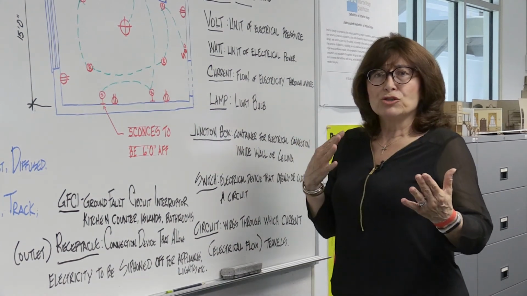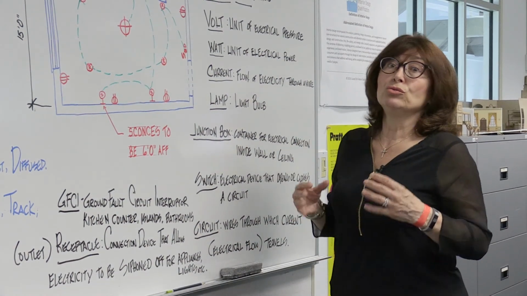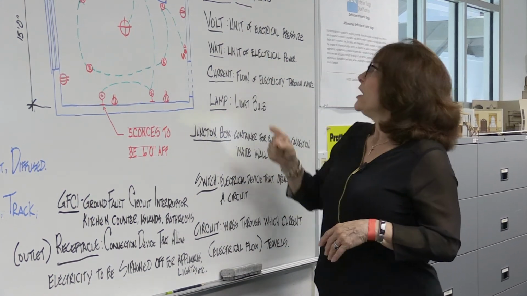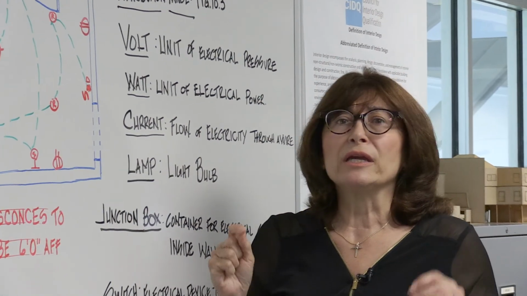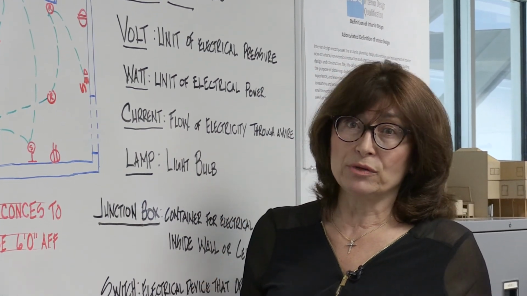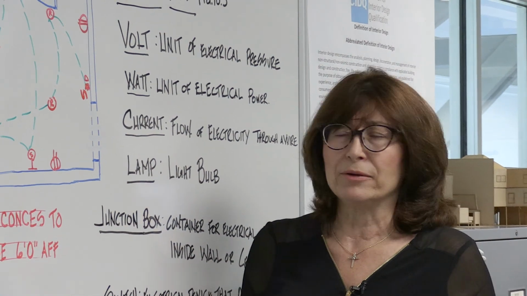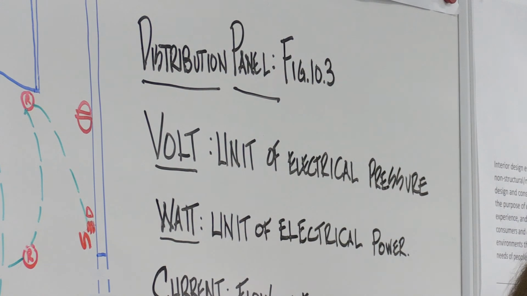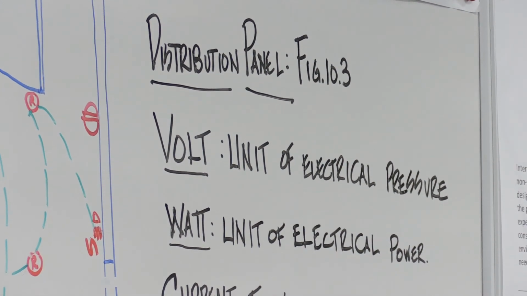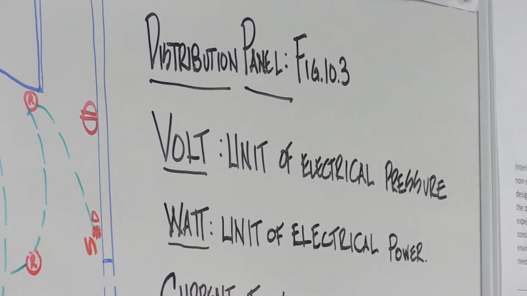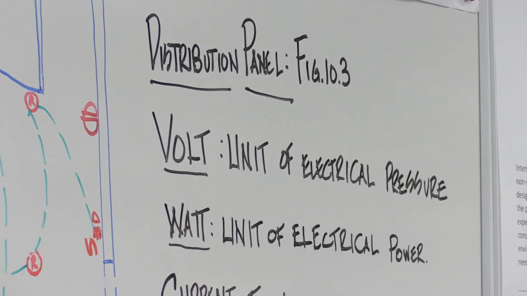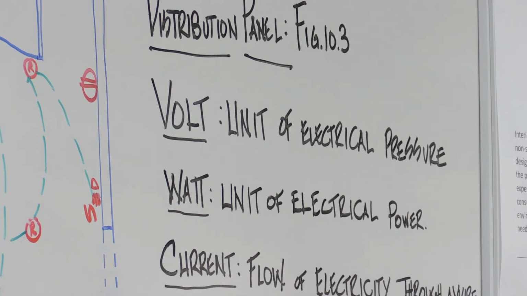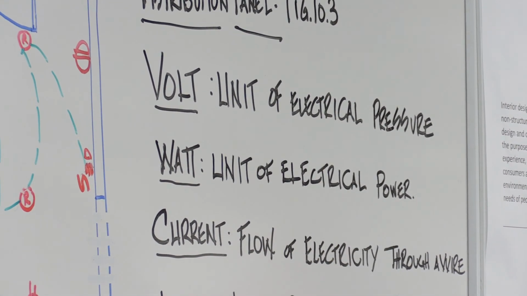But that electricity comes into our home through a meter and a distribution panel. I want you to take a look at figure 10.3 in the book because that will give you a very good visual of a distribution panel. The distribution panel is typically located maybe in a garage. If you don't have a basement, it may be in a basement if you have a basement, but it is where the electricity begins to come into the home, and the electricity is routed throughout the house from the distribution panel.